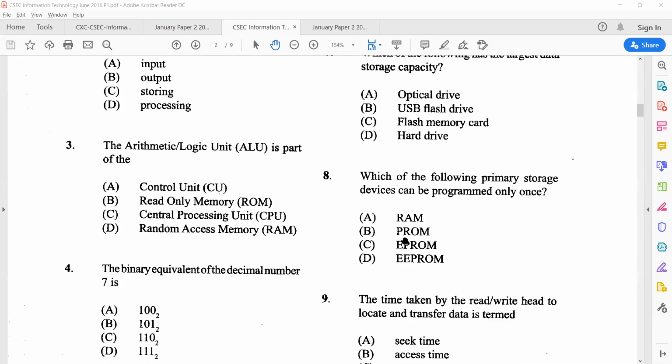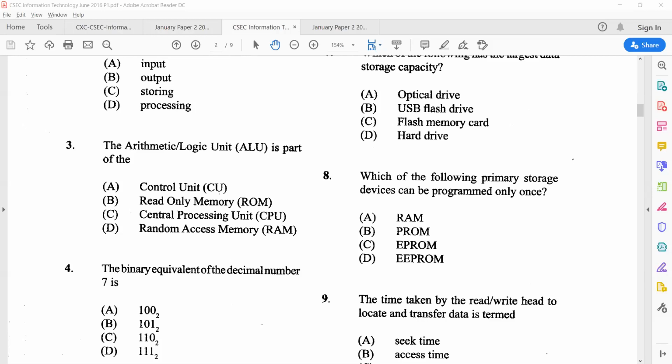Question number 8. Which of the following primary storage devices can be programmed only once? B, sir. Right, so we have an answer coming in for B. Some answers coming in. All right.